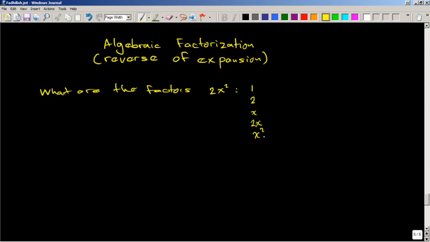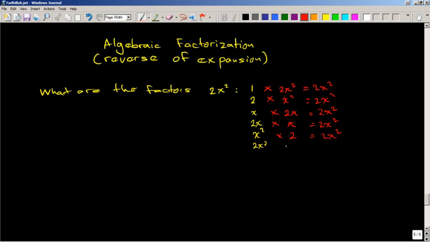Can be x squared, can be 2x squared. Betul kan? Why? Because 1, if you multiply with 2x squared, you get 2x squared. You multiply with x squared, you get 2x squared. You multiply with 2x here, then you get 2x squared again. This one you multiply with x, you get 2x squared. This one multiply with 2, you get 2x squared. And this one you multiply with 1, you get 2x squared. So far so good? Yeah. Okay, good.